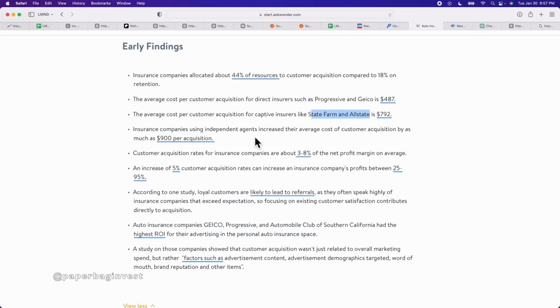And for companies that use independent agents, it was more like $900 per acquisition. This was kind of the average that I saw listed. Could be as high as $900 per acquisition. So very high acquisition amount. Of course, really what matters is how much premium you might be getting to get that IFP to CAC ratio.